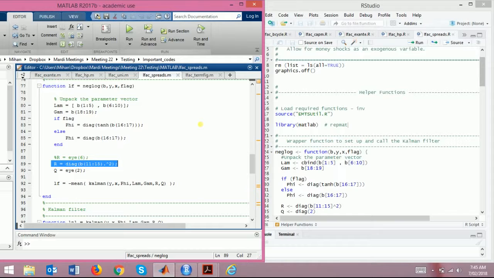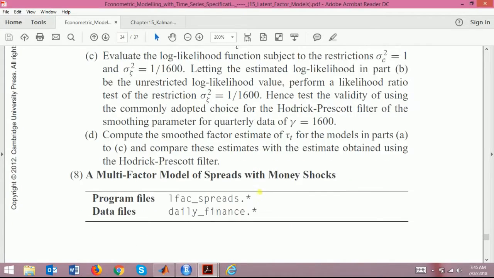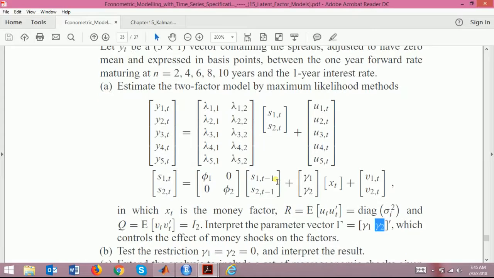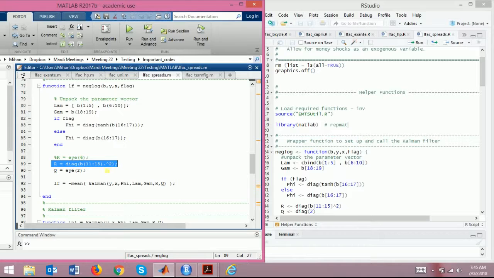We have an R for each sigma squared variance, the diagonal of the variance matrix, which complies to the number of vectors. So there will be 5 R's, very simple: 5 variances, 5 equations.